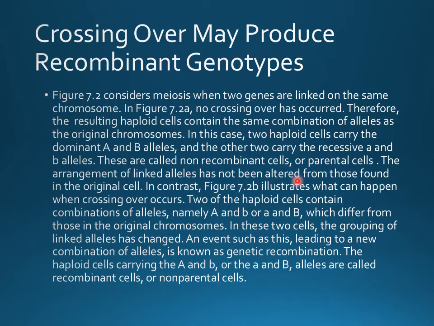लेकिन नेक्स्ट फिगर में मैं आपको बताऊंगा what can happen when crossing over occurs। यानी एक केस ये है कि जिसके अंदर क्रॉसिंग ओवर नहीं हुई, and the other case in which crossing over occurs. So the resultant haploid gametes they are altogether different from the parents because it has both the alleles, one with dominant and other with recessive, and other one is recessive and dominant.